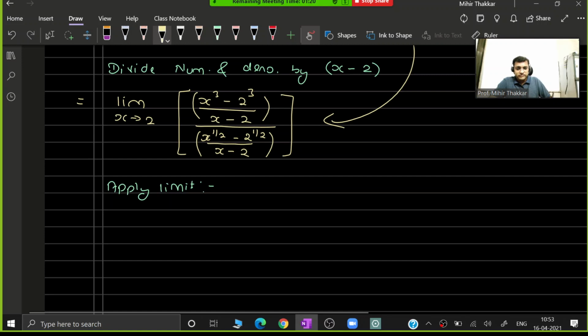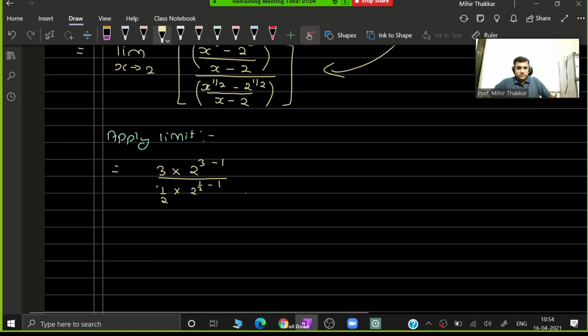The numerator will become 3 into 2 to the power 3 minus 1 divided by half into 2 to the power half minus 1. So guys, this denominator 1 by 2 will become reciprocal and get multiplied with 3. So I will get the value as 6.